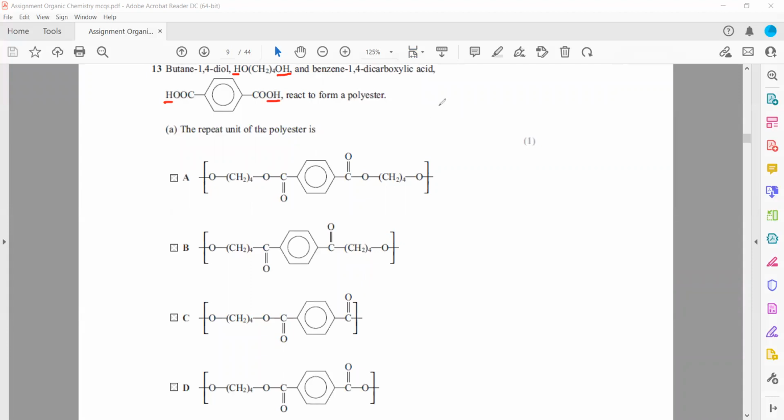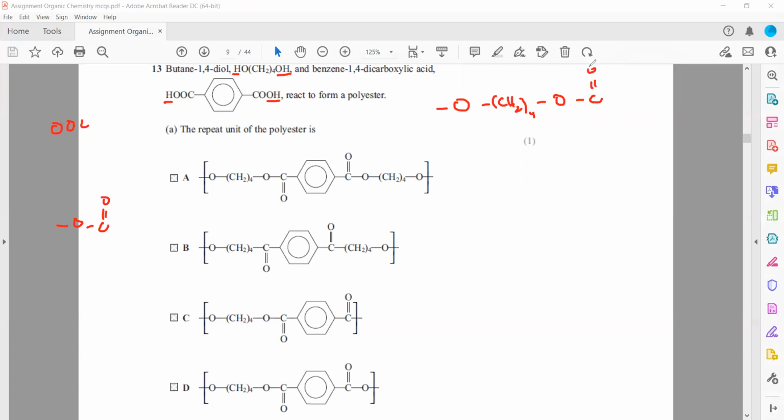When we start to form a polymer, it will be O, then this is CH2 bracket 4, then the OH and H being removed, so this will be O, because OCC is left, so OCC means O, then C double bonded with O. That's the meaning of OCC.